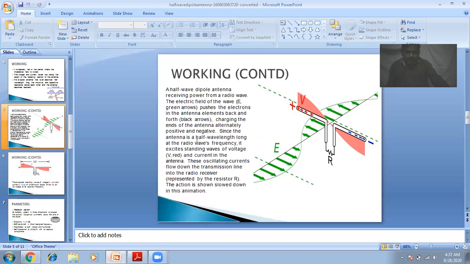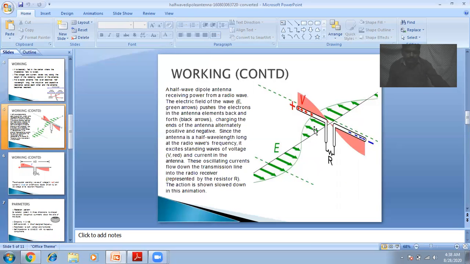Since the antenna is a half-wavelength line at the radio wave's frequency, it excites standing waves along the length of the antenna. These oscillating currents flow down the transmission line into the radio receiver. This is the action shown in this animation.